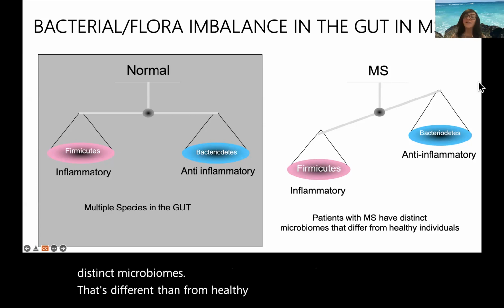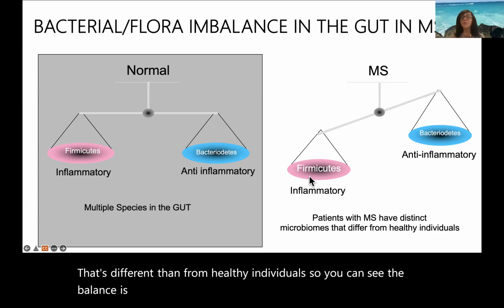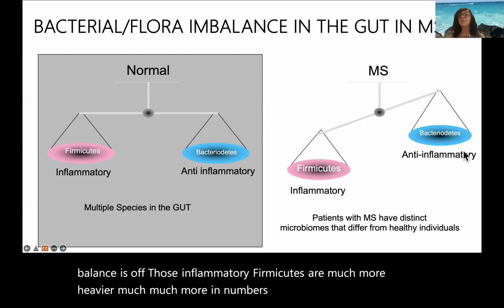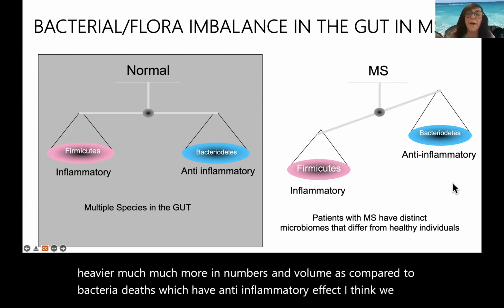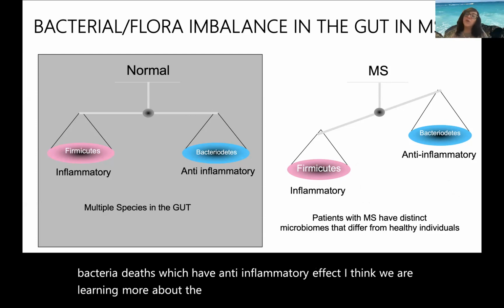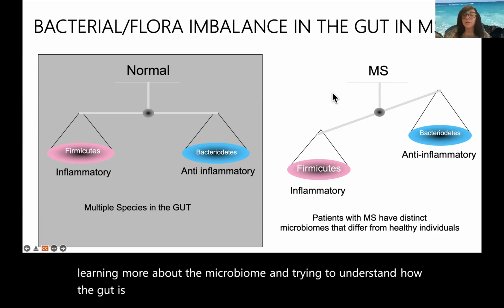So you can see the balance is off. Those inflammatory firmicutes are much heavier, much more in numbers and volume as compared to bacteria which have an anti-inflammatory effect. I think we are learning more about the microbiome and trying to understand how the gut is involved in multiple sclerosis.